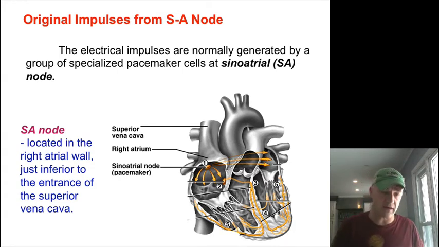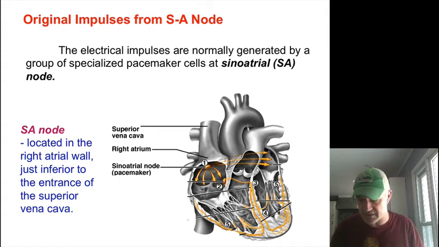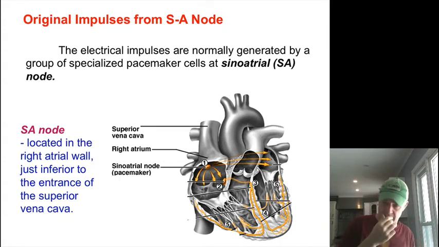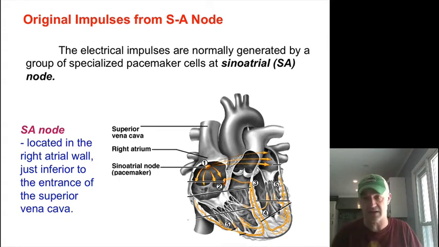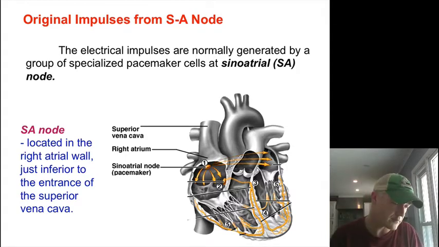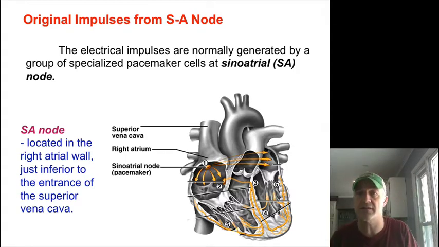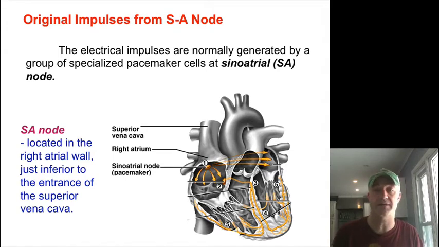And we're going to see that our body can influence this with the sympathetic or the parasympathetic channels and either cause that leak to happen faster or slow it down.